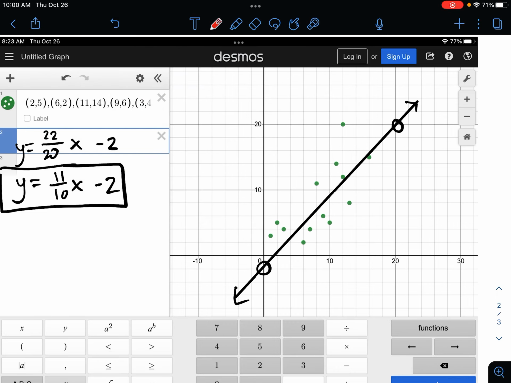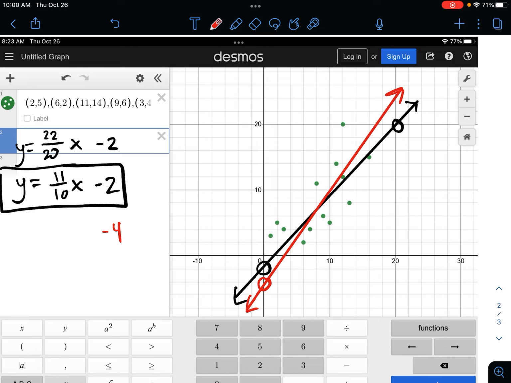There are many different ways to do this. Not everybody's graph is going to look the exact same. For example, I might draw one that looks like this, and I would honestly say that this is a pretty decent graph as well. Obviously, it's a little bit different, but it does split these points right down the middle. This one has a y-intercept of -4.